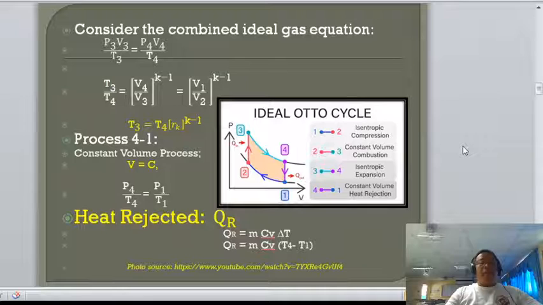Again, considering the combined ideal gas equation, P3V3 over T sub 3 equals P4V4 over T sub 4, and then getting the ratio of the highest temperature to the temperature at 4, T sub 3 becomes T sub 4 r_k raised to K minus 1.